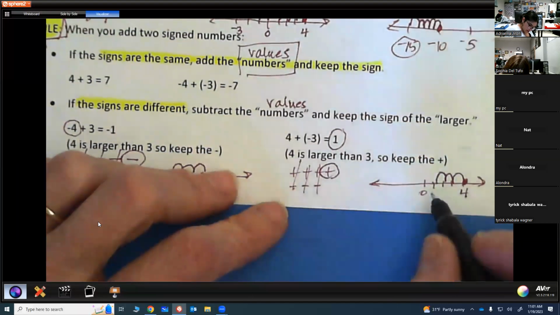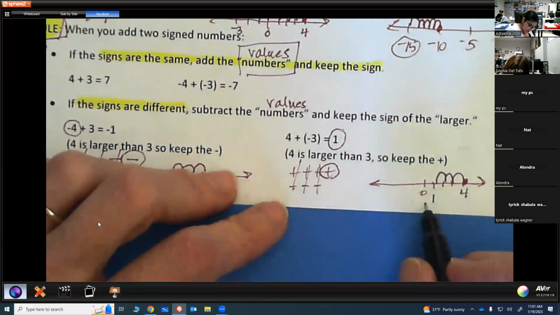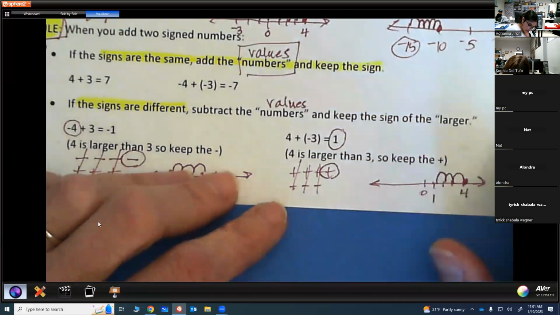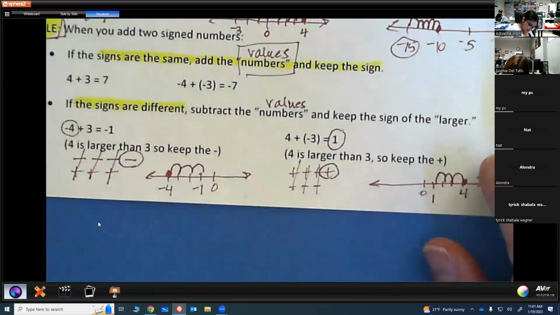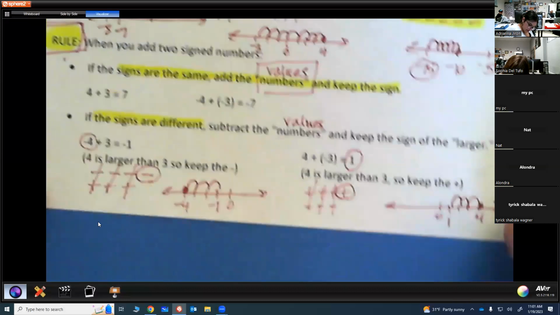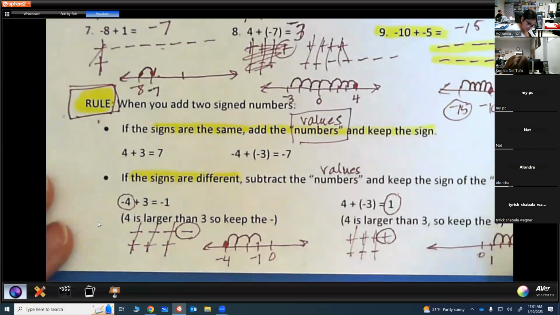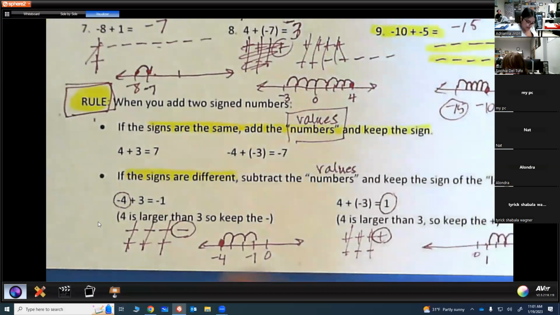I didn't even quite make it to 0. Okay. Questions? Everyone good? Okay, good. So the rules for addition: there are 2 rules, and they're based on whether the signs are the same or if the signs are different.